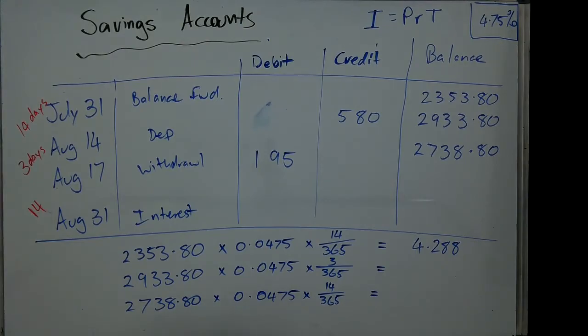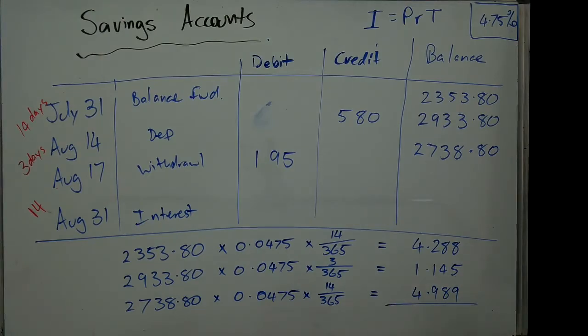The next one, 2,933.8 times 0.0475 times 3 divided by 365. 1, 4, 1, 4. And the last one, 2,738.8 times 0.0475 times 14 divided by 365. 5, 4, 8, 9, 8, 9.